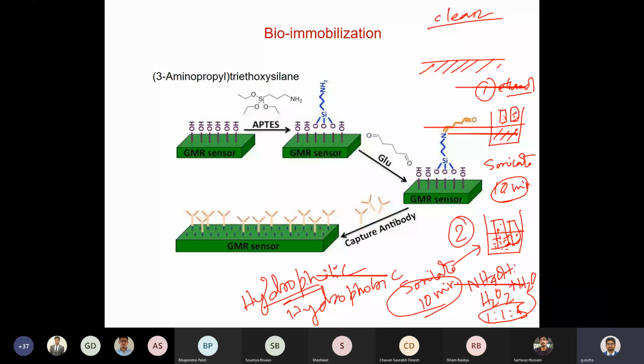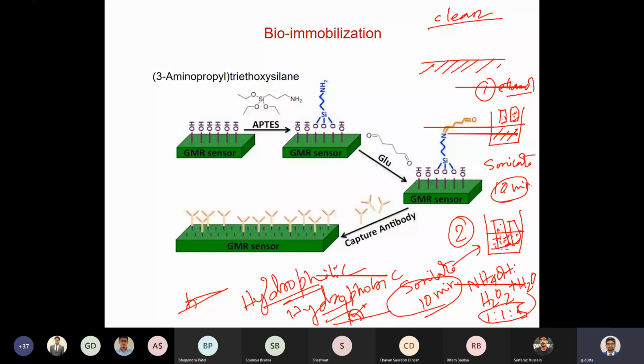Hydrophobic means if you drop water, it will be spherical, so you get a very large contact angle, right? If your surface has lots of organic impurity, you get a large contact angle and your surface is hydrophobic. If your surface contains very little organic contaminant, the contact angle will be very low and the surface becomes more hydrophilic.